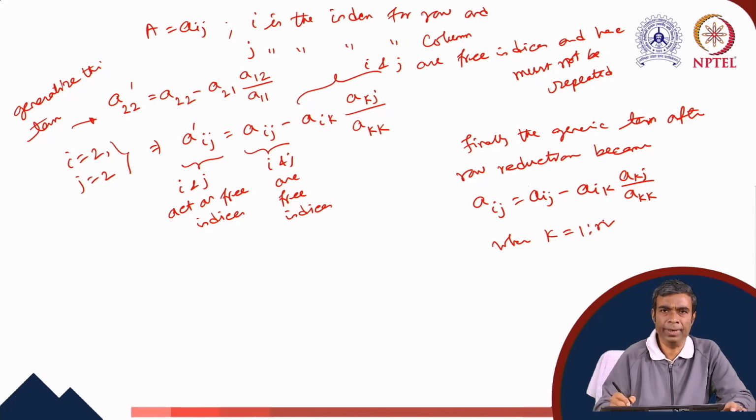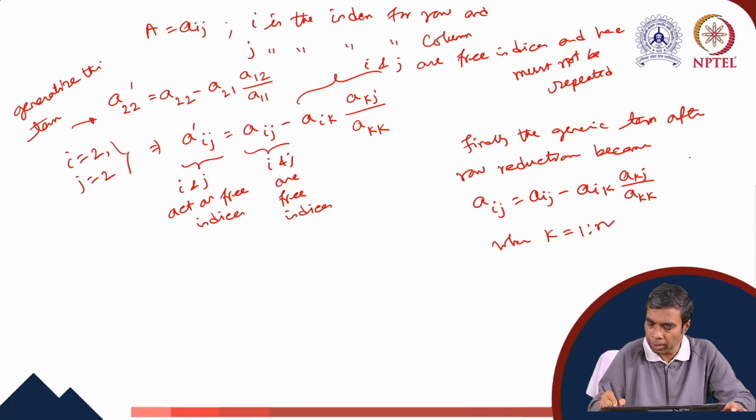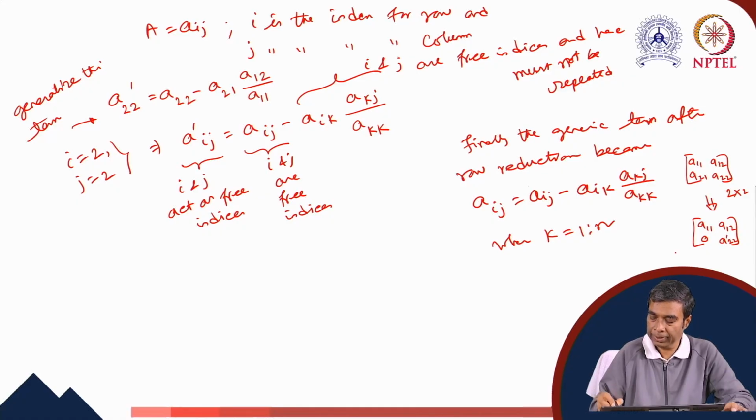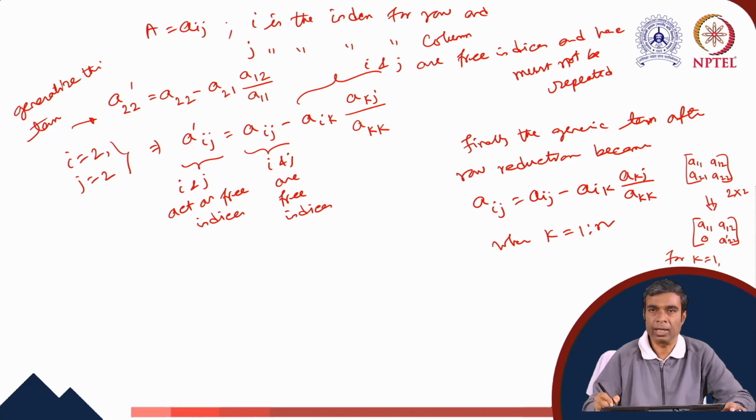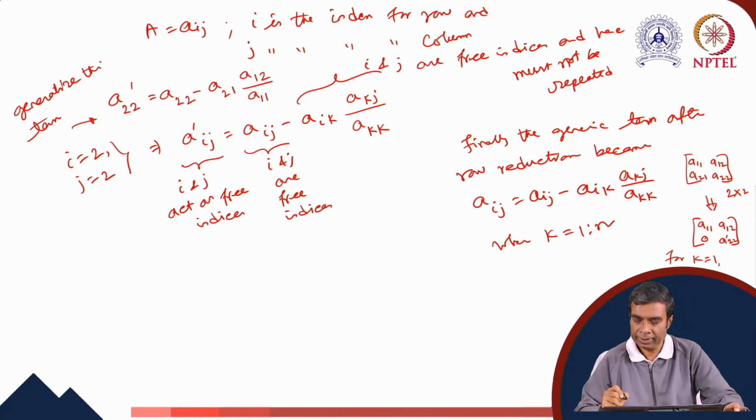When we go for the index 1, we look into the 2 by 2 matrix. So here this is 2 by 2 matrix A11, A12, A21, A22. This reduces to A11, A12, 0, A dash 22. It means that for k equals 1, the terms that we deal with are greater than k.